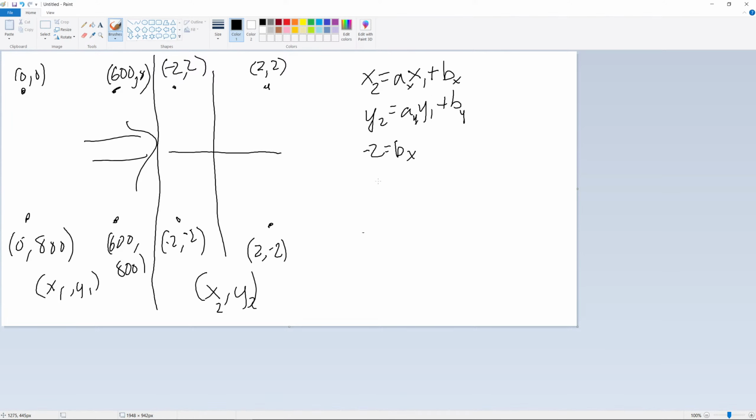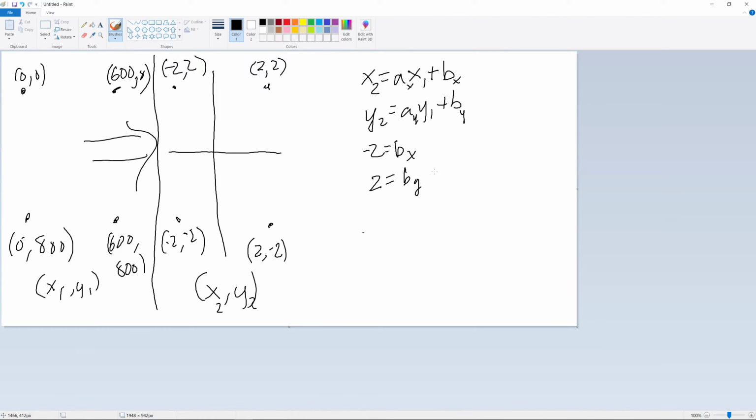Yeah, that was fairly simple. Let's think about y. 2 equals by.